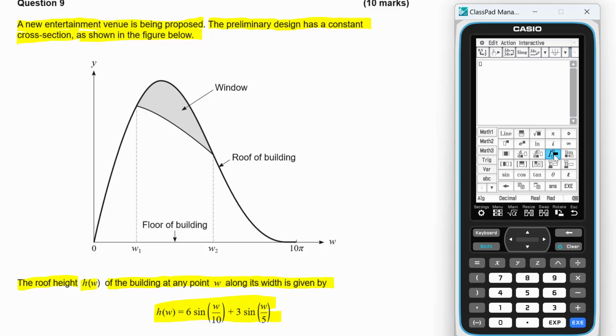so we are going to do an integral, and this integral is going to start at 0 and go to 10 pi. So we'll have 0 up to 10 pi. And then in here, let's stick our integrand in a bracket.